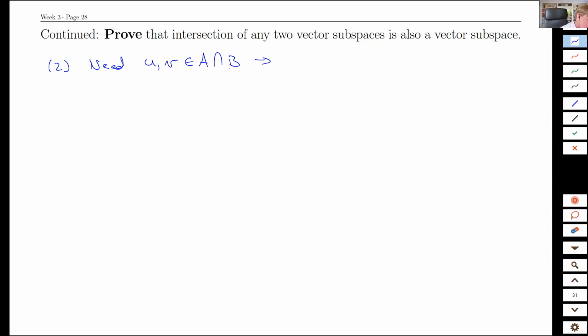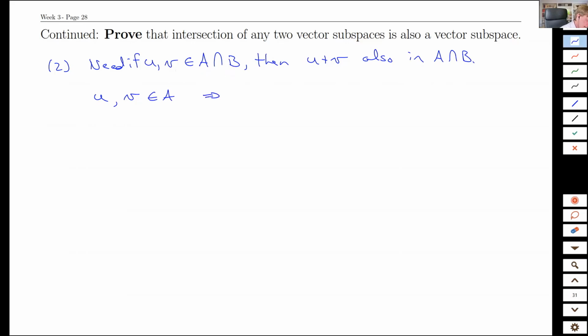We need to show that if these two things are in A and B, then U plus V is also in A intersect B. All right, so how do we work with that? Well, we know that U and V are in A because they're in the intersection.